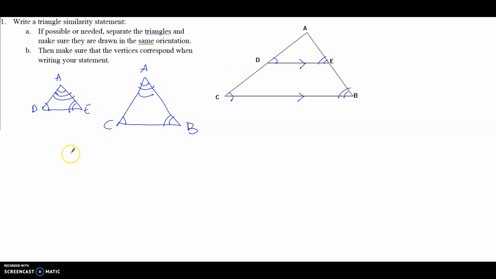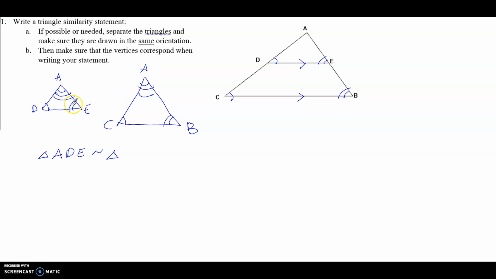Now you can set up your similarity statement. So triangle ADE, and remember order matters, is similar to triangle, and make sure your corresponding congruent angles also match up.